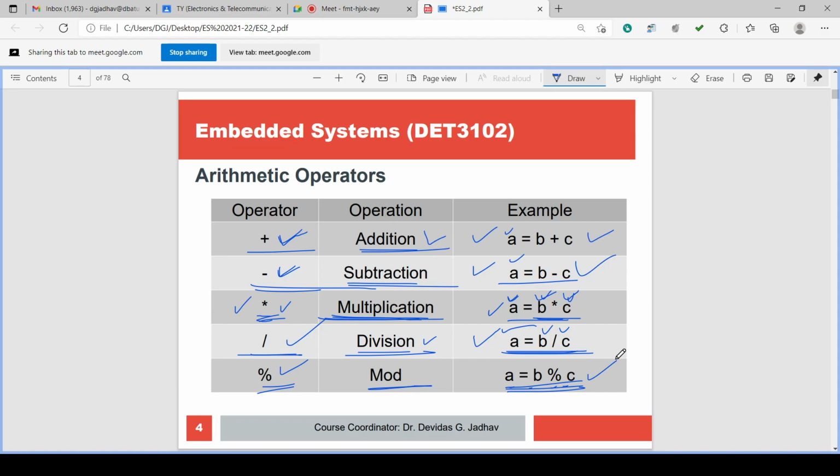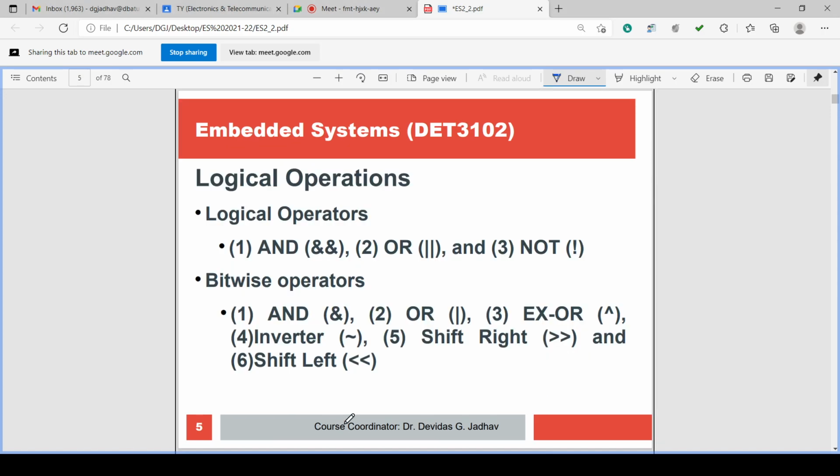So operators are: plus sign addition, minus sign subtraction, star or asterisk sign multiplication, then slash sign, not backslash, for division, and percentage sign, the mod operator. So these are the arithmetic operators.